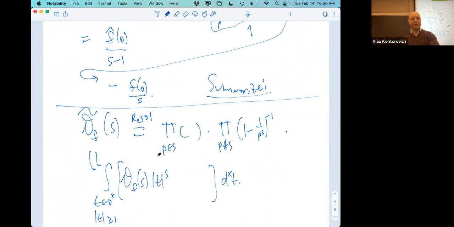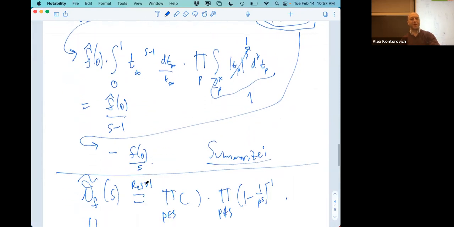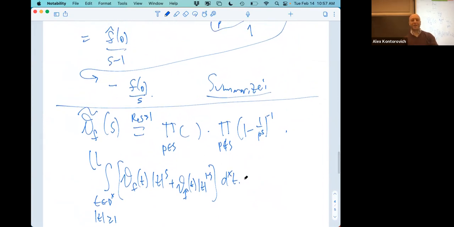And there's a second very similar contribution from the t less than 1 integral, which is theta of f hat of t times t to the 1 minus s. And finally, we have two more terms: minus f hat of 0 over 1 minus s, and minus f of 0 over s.